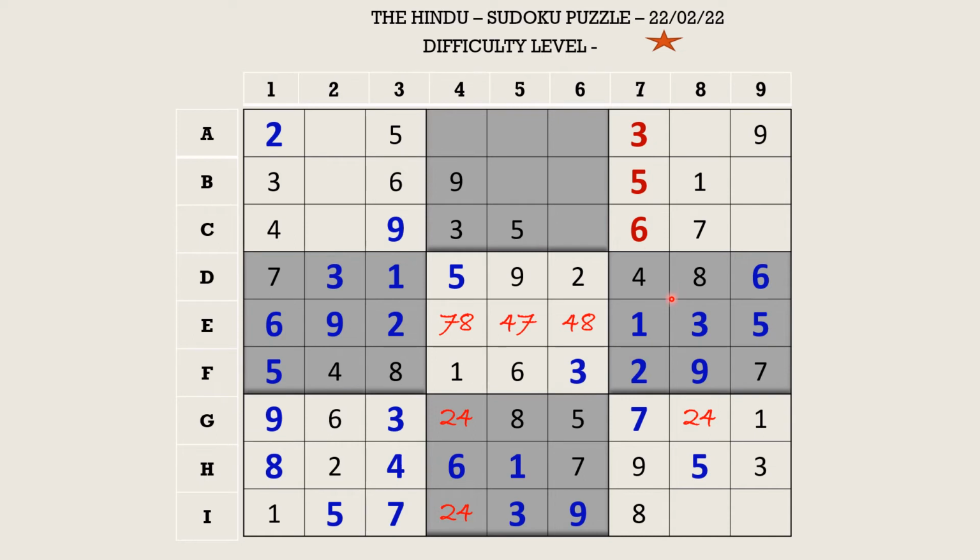There is a 6 here in column 9 which blocks here, so 6 goes in I8. In 8th column there is only 1 empty cell. It will take the complementary pair of 2, 2, 4. But you have a 2 here in A row, so A8 takes 4 and G8 becomes 2.